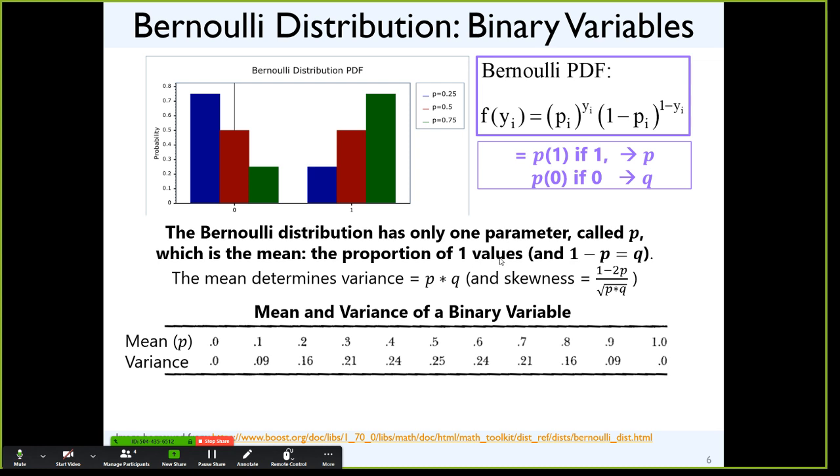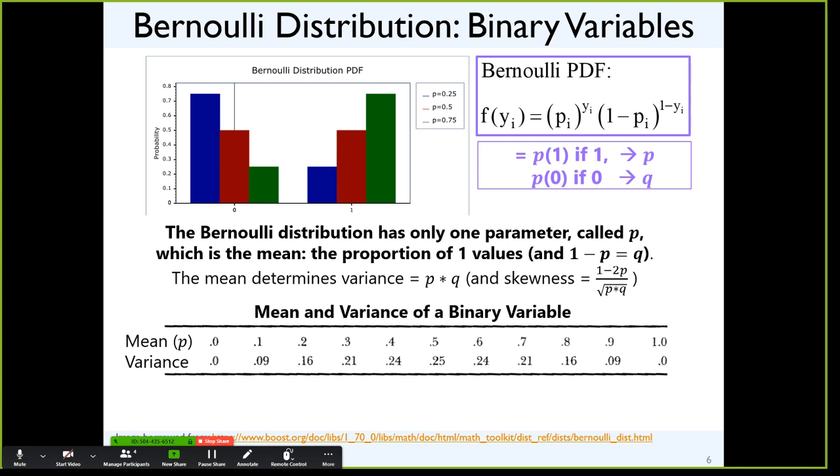Once you know what the probability of a 1 is, the mean, in this case, you also know the variance around it. And something special about this distribution is that the mean dictates what the variance is. So the largest possible spread of information happens when the mean is 0.5. That's when the variance is 0.25, because variance is calculated as the mean times 1 minus the mean.